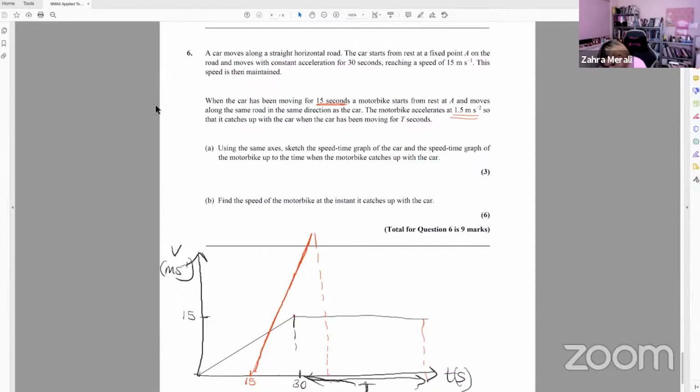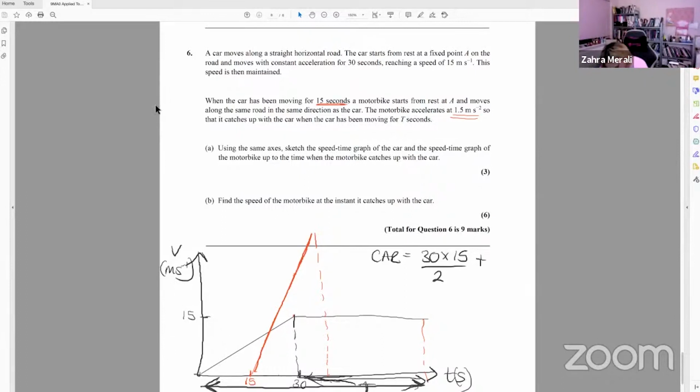If I look at the car, I've got a triangle there, which is 30 times 15 divided by 2. So the distance is 30 times 15 over 2 for the triangle, plus this rectangle. Actually, sorry, I'm going to do this because it'll be easier to equate them.